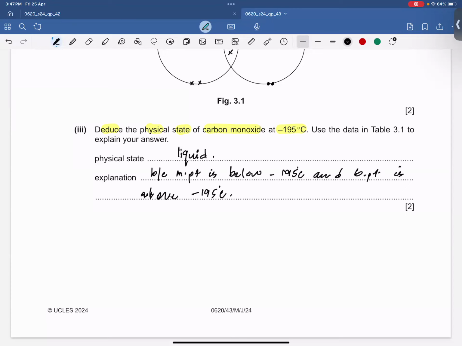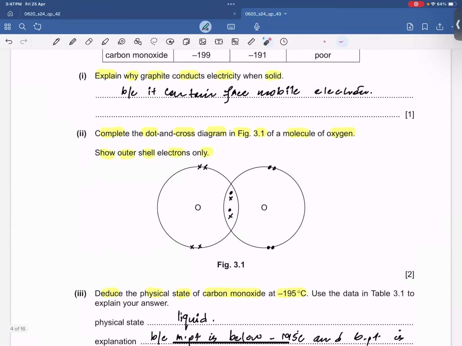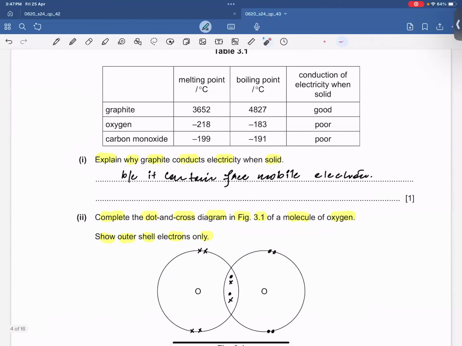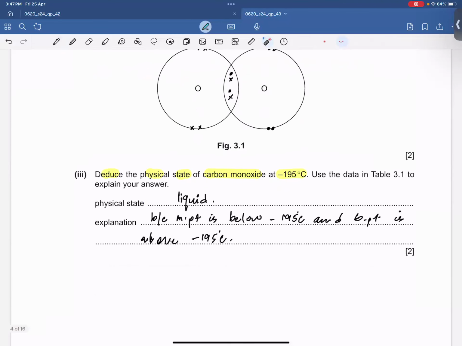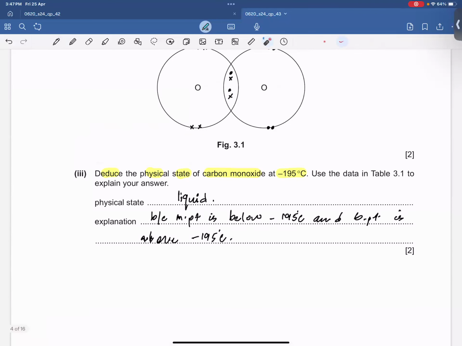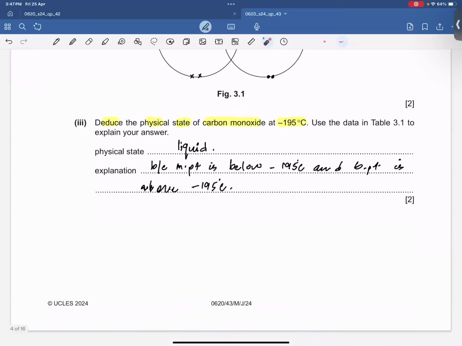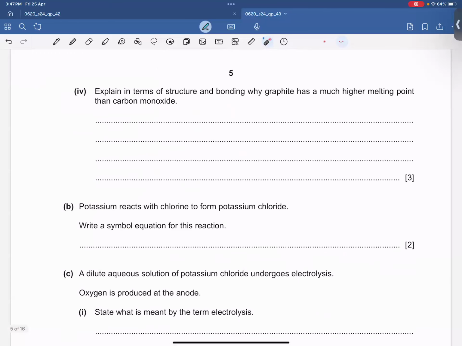Okay. आप ये भी कह सकते हैं कि minus 195 is greater than minus 199. सही है. Or boiling point is greater than this value, right? Let's move on to the next.